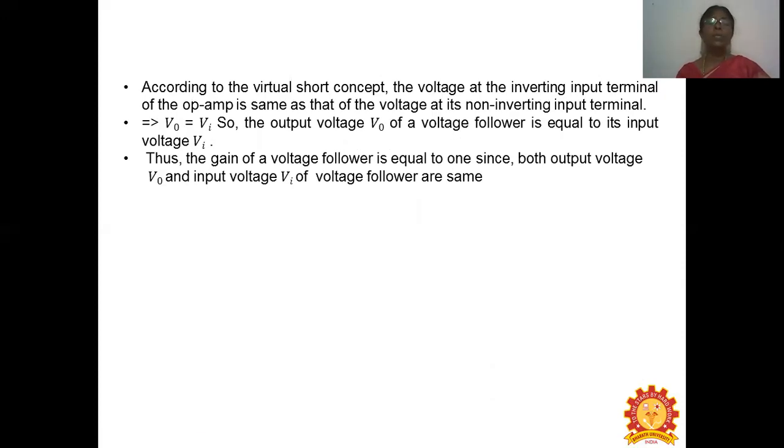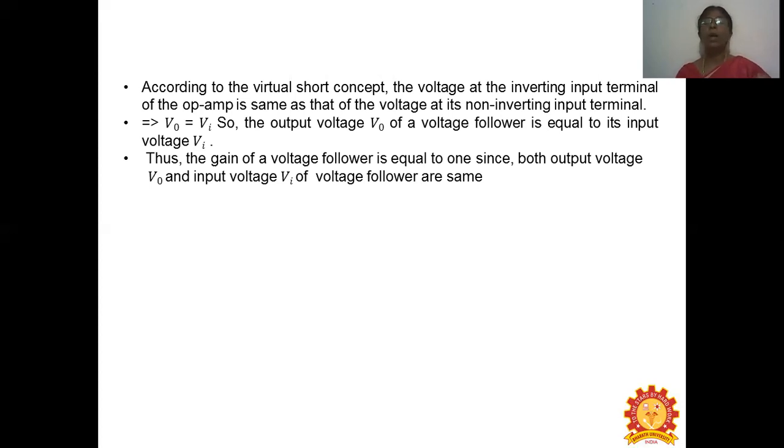According to the virtual short circuit concept, the voltage at the inverting input terminal of the op-amp is the same as that of its non-inverting input terminal. Therefore, V0 is equal to Vi. So the output voltage V0 of a voltage follower is equal to its input voltage Vi. Therefore, the gain of a voltage follower is equal to 1.